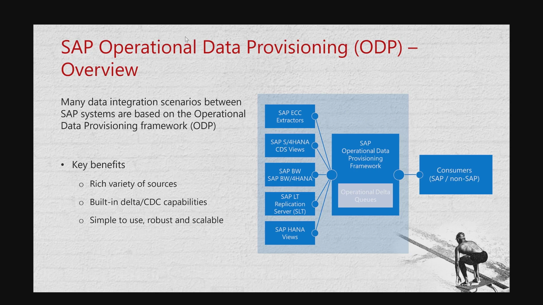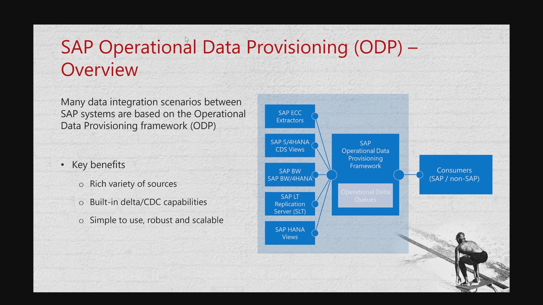Robustness is another very important aspect of the ODP framework. So I told you earlier that the ODP framework takes care of the state of its consumers. So for example, when a load fails, the ODP framework will take care that this data, this change feed, which should have been transferred to the consumer, is not lost or doesn't have to be read again, but make sure that you as a consumer get this in your next load.